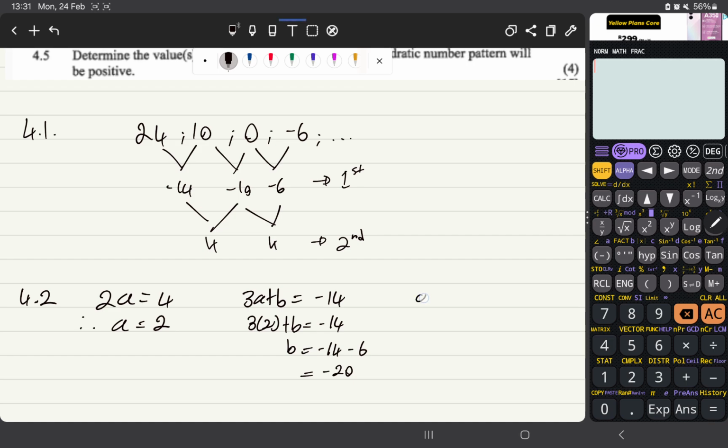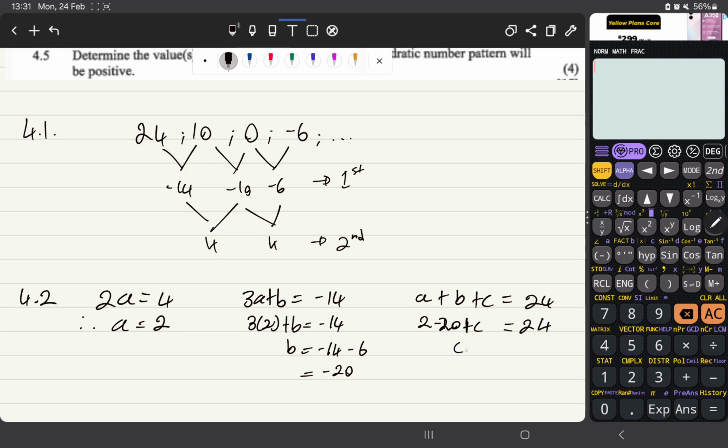You're going to have a plus b plus c equals 24. You do the math: 2 minus 20 plus c.